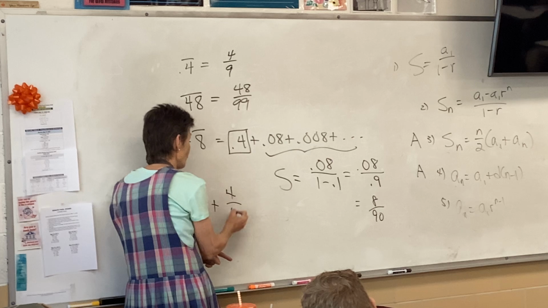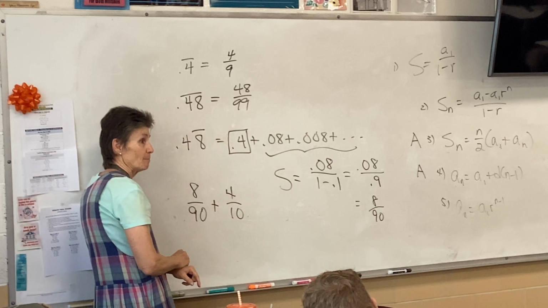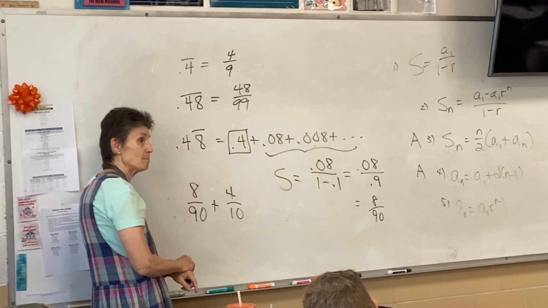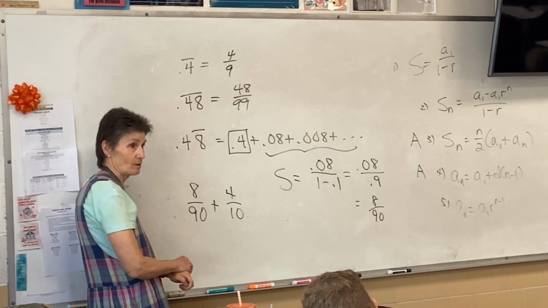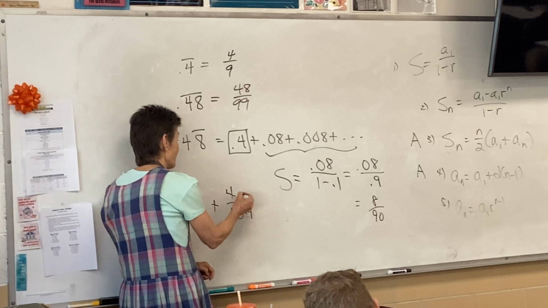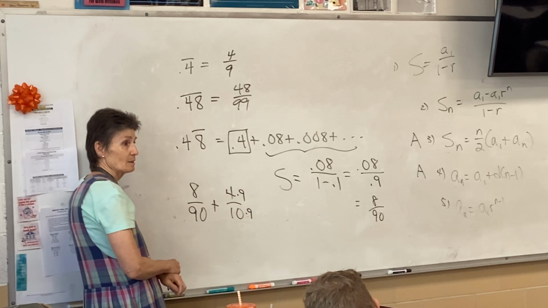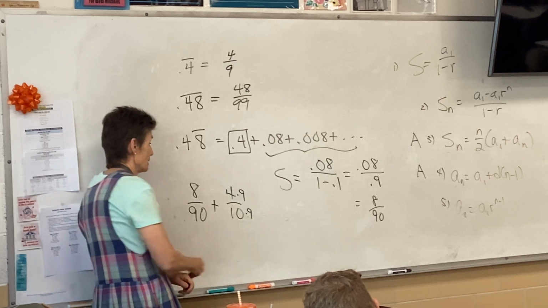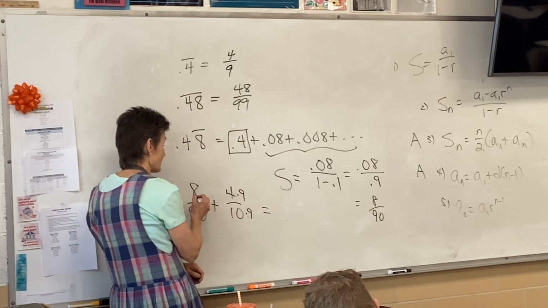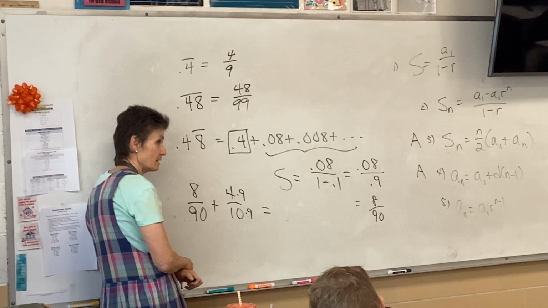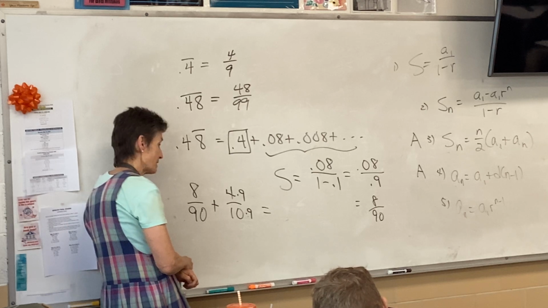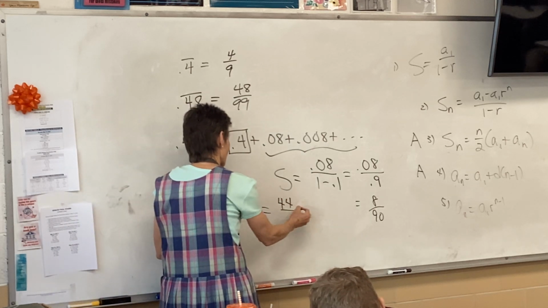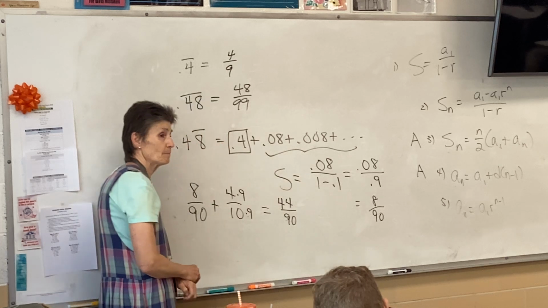Add it to 4/10. And if I don't reduce it, it makes my common denominator easier. My common denominator will be 90. So I have 8 plus 36. What is that, 44 over 90?